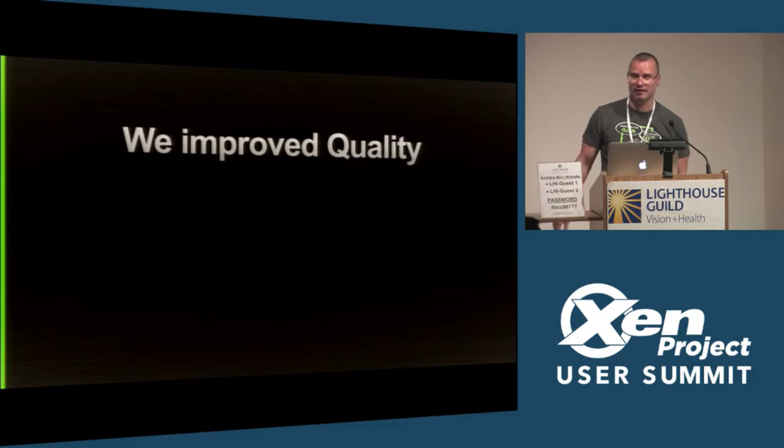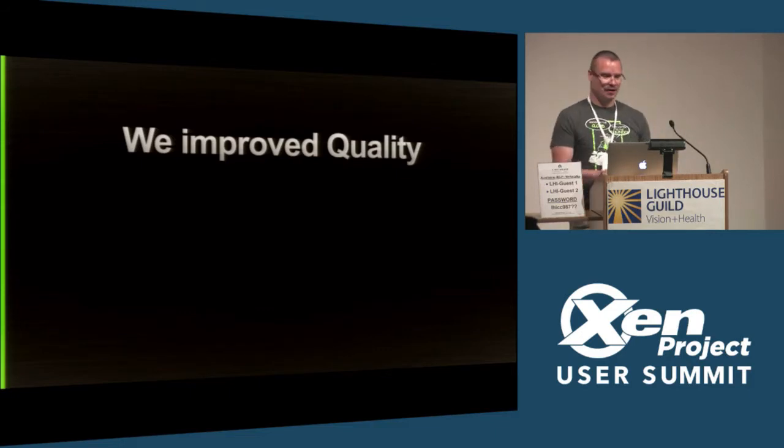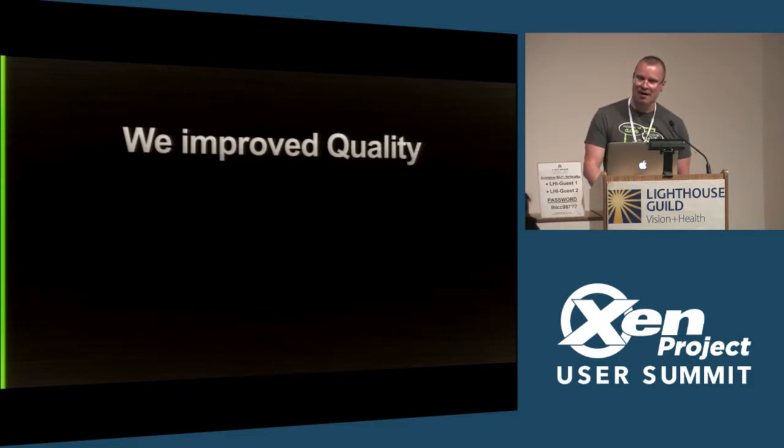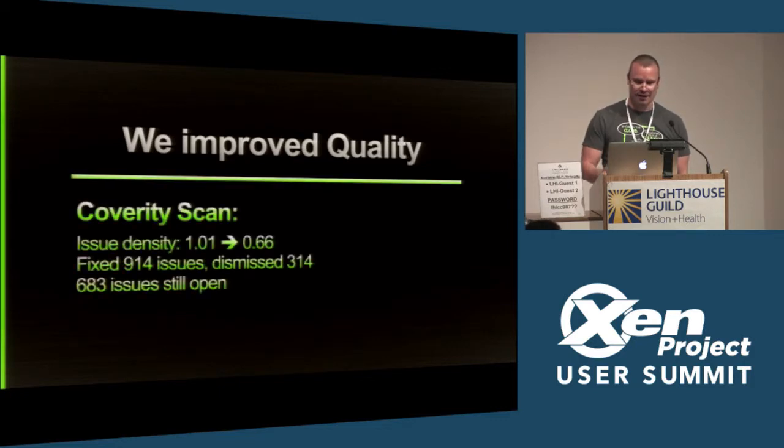We improved quality, right? When we joined the Linux Foundation, there's this tool called Coverity Scan, which you can sign up to as an independent open source project. And that scans your code base for possible security issues and bugs.